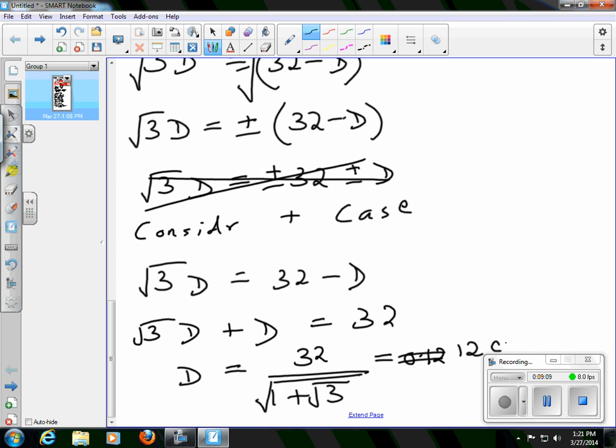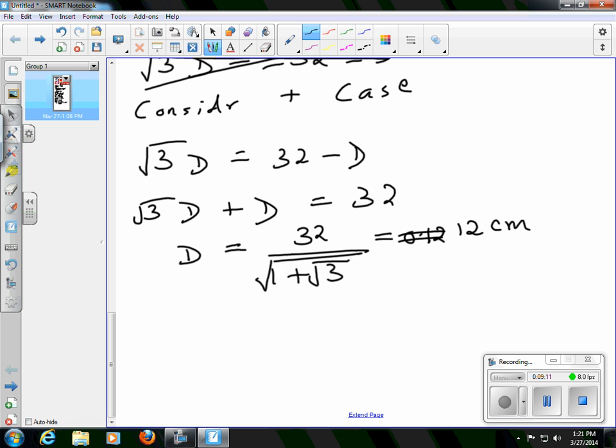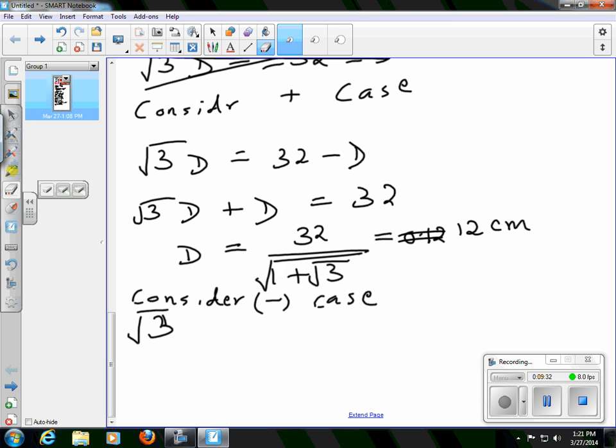And then the second solution, the negative solution. It is a little confusing, I think.